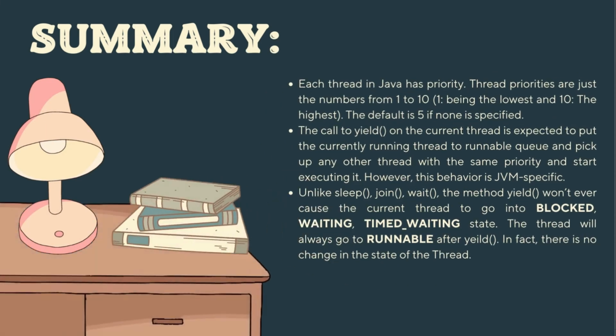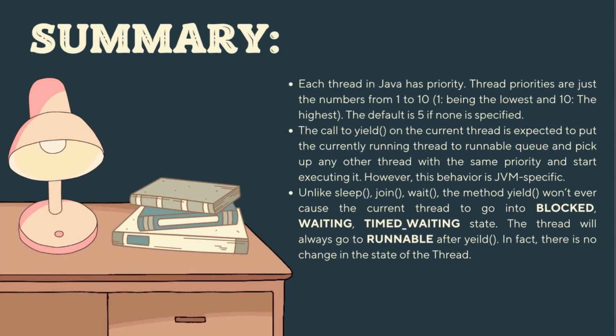It's summary time. Each thread in Java has a priority. Thread priorities are just numbers from 1 to 10, 1 being the lowest and 10 the highest. The default is 5 if none is specified. Then a call to the yield method on the current thread is expected to put the currently running thread into the runnable queue and pick up another thread with the same priority and start executing it.